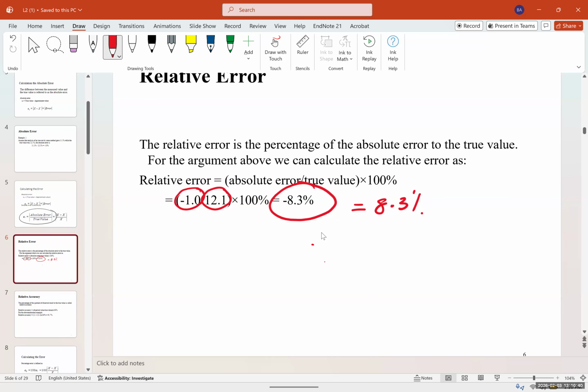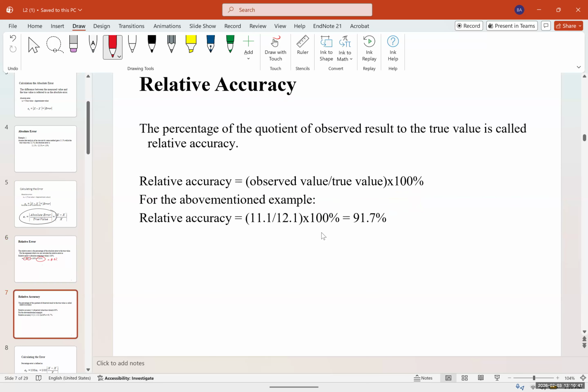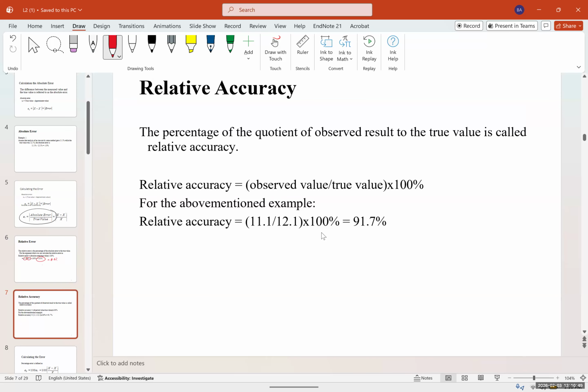Another type of parameter that we use is called the relative accuracy. This is the percentage of the quotient of observed result to the true value.